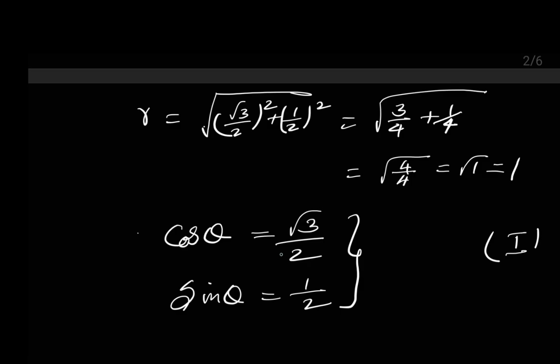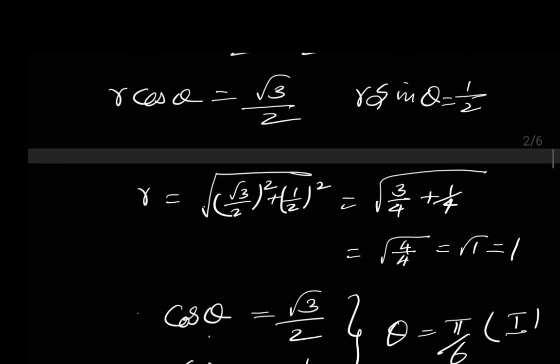So for what angle will you get these values? Cos theta value is root 3 by 2, sin theta value is 1 by 2. So sin 30 is 1 by 2, cos 30 is root 3 by 2. So theta is equal to pi by 6.